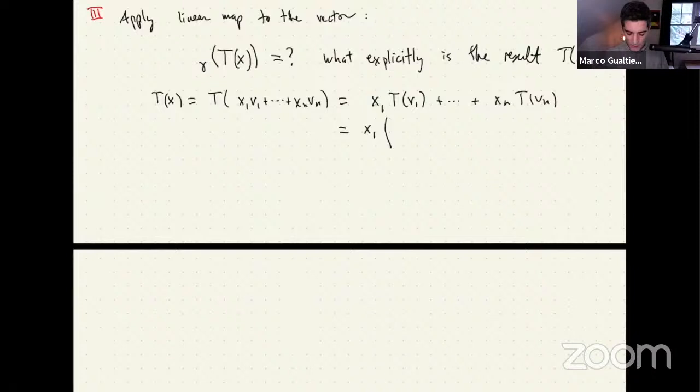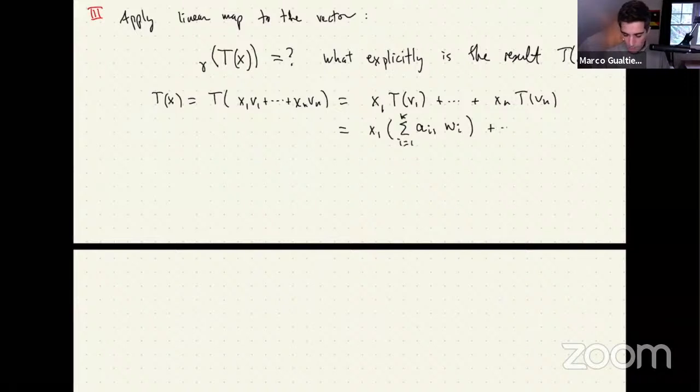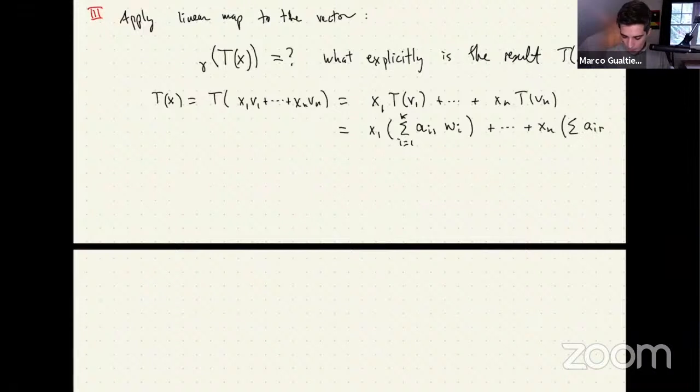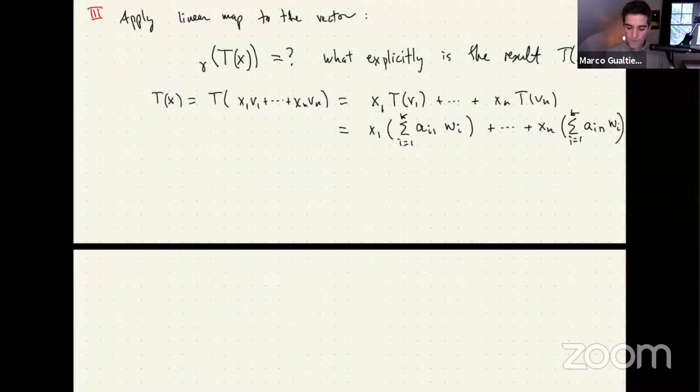So this is going to be x1 times the sum of the first column, where i goes from 1 to k, plus all the way to xn, same idea, A_in W_i, i equal to 1 to k, okay?